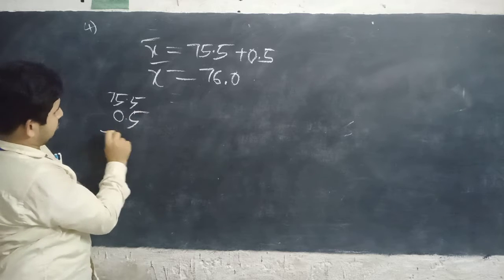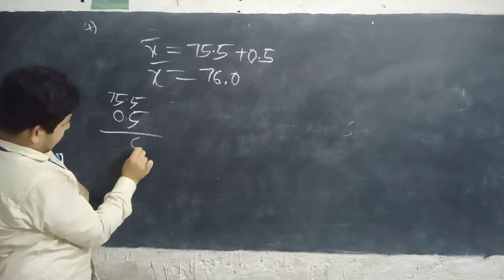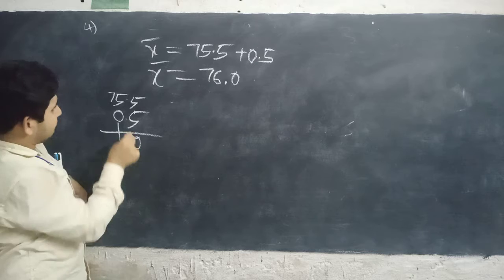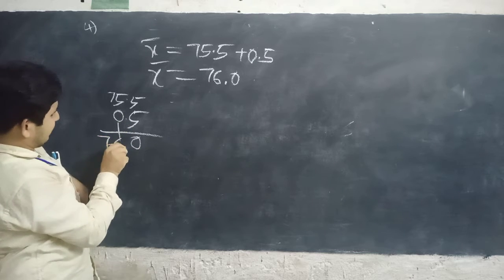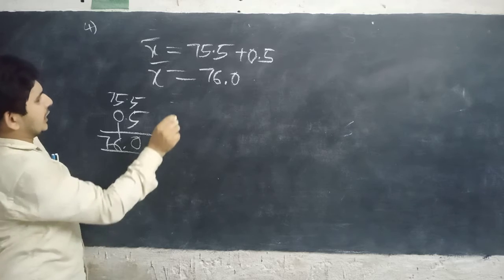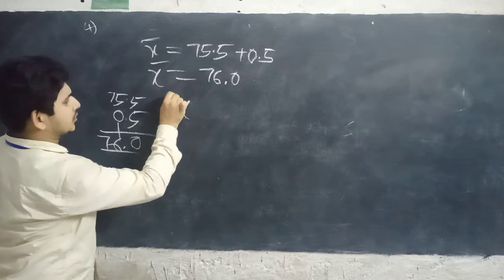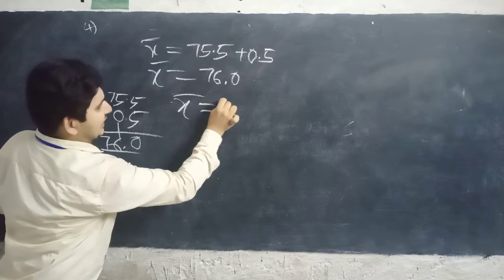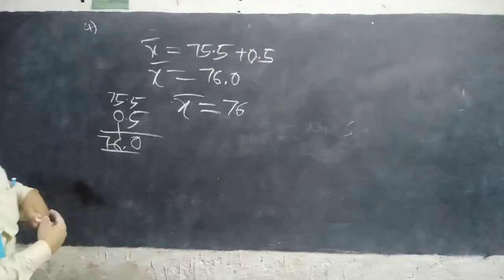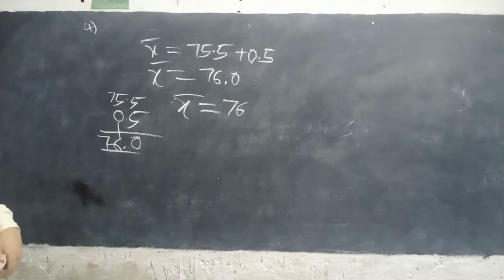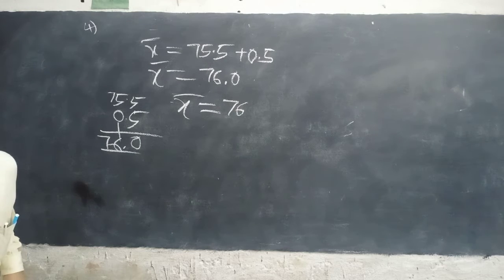Okay? Now 5 plus 5 is 10. 5 plus 1 is 6. 7. Okay? 76.0. So x bar equal to 76. Okay? That is the answer. Any doubt?